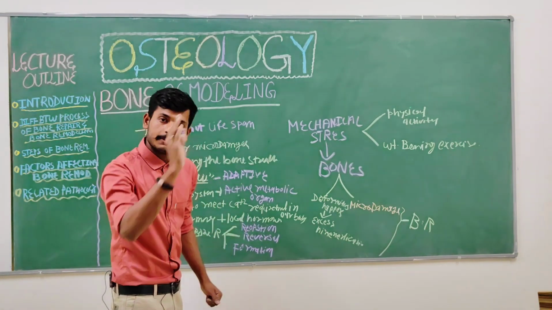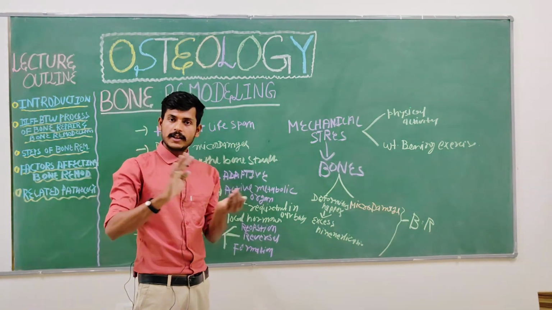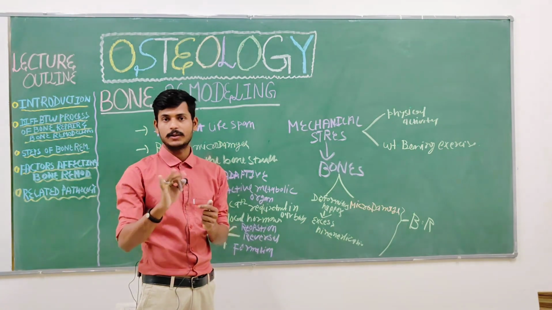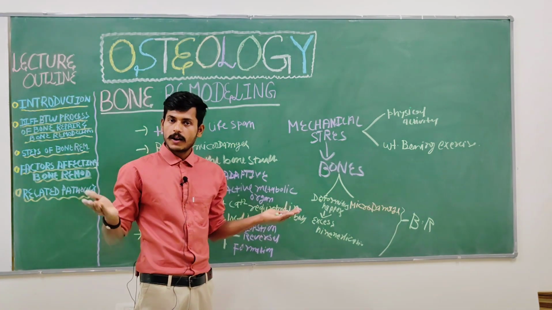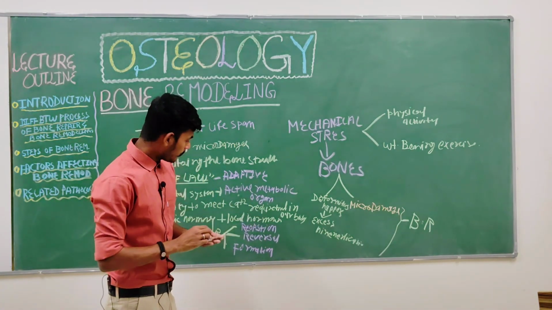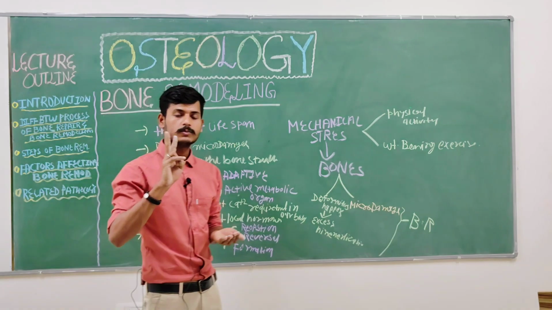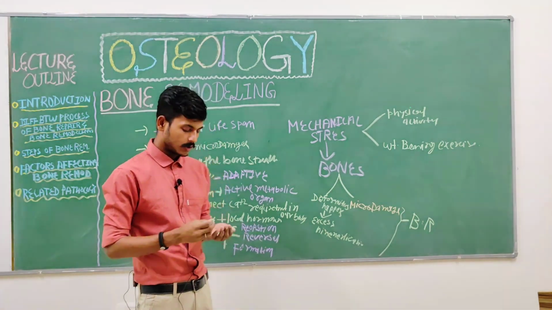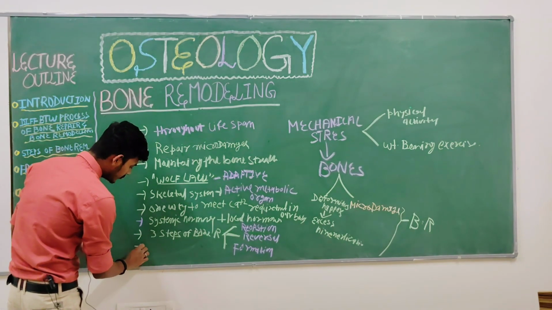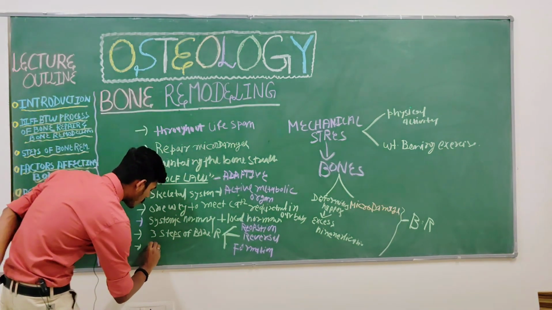Now, in the previous lecture, you learned that there are different types of bone cells, mainly 3 types: osteoblast, osteoclast, and osteocytes, and they have their specific functions. You are clear with these cells. Now, in the process of bone remodeling, mainly two bone cells are actively involved. Can anyone cite the name? Yeah, very good. It's osteoclast.